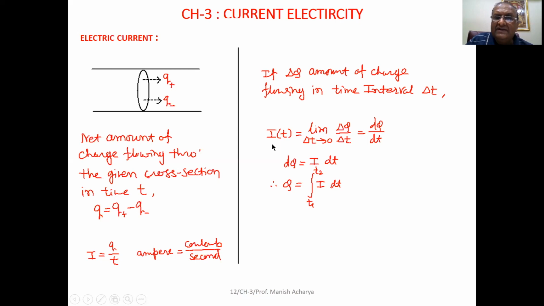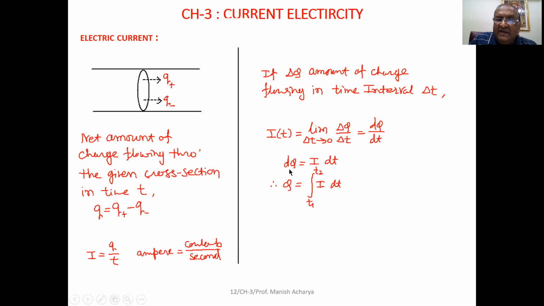So we can write the equation of current I at any time t equal to dq by dt also. Now from this equation, you can calculate the amount of charge flowing through any cross section of the conductor in a given time interval when the conductor is carrying current I ampere.